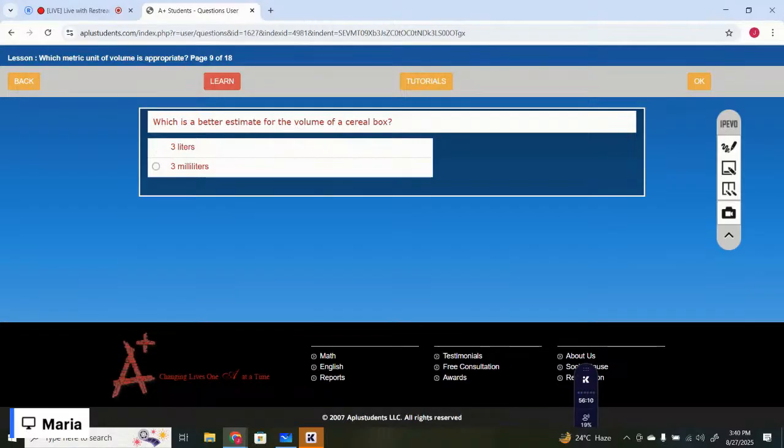The volume of the cereal box would be 3 liters. Option number 1 is the correct option.